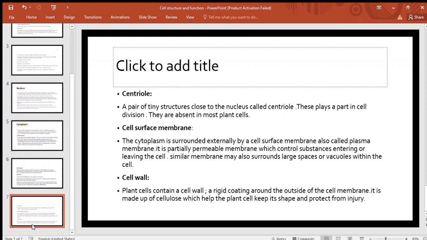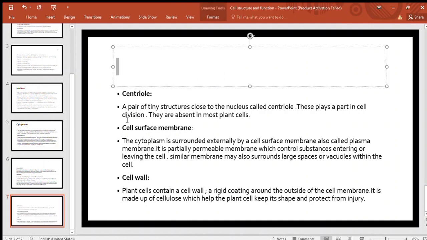Next is the centriole. Centrioles are a pair of tiny structures that are close to the nucleus. They play a part in cell division. They are absent in most plant cells. Cell surface membrane.